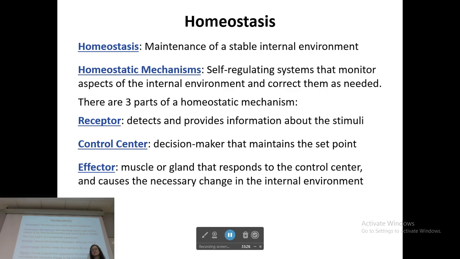Also your blood vessels, the dilation and contraction of the blood vessels changes your blood pressure. So those would be the effectors, the muscles or glands that are going to be responding and changing to make that system go back to that set point, maintaining homeostasis.